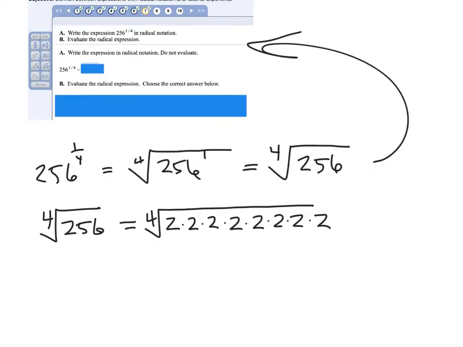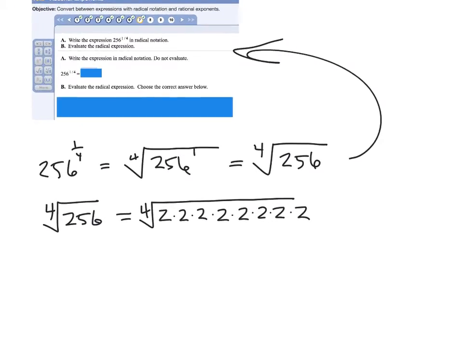And then using the Duane Habecker way of doing this, this 4 says we're supposed to circle 4 2's, cross them out, and write one of them outside of the root notation. And then we have another set of 4 2's, so I'm going to circle them, cross them out, and write one down.